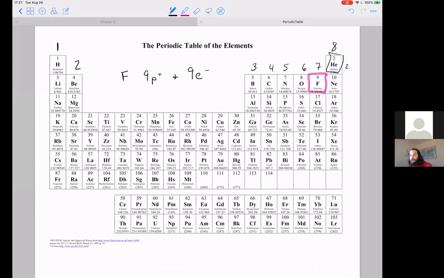It can gain another electron. That would keep it at 9 protons, of course, because that's what makes fluorine fluorine, but then give it 10 electrons for a total charge of -1. So just like calcium always forms +2 ions, fluorine always forms -1 ions.